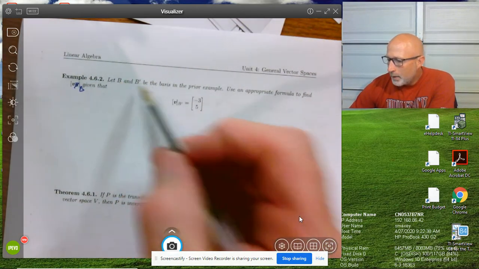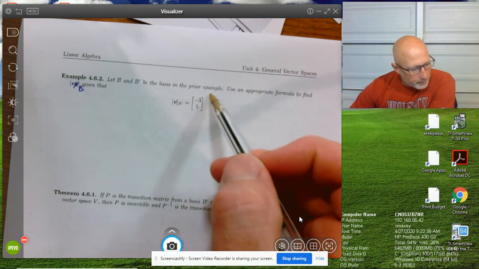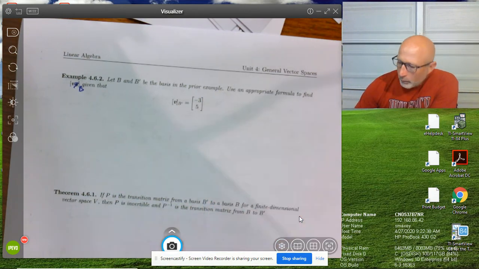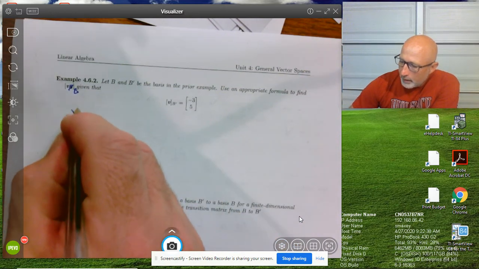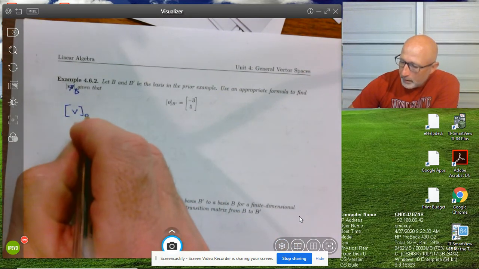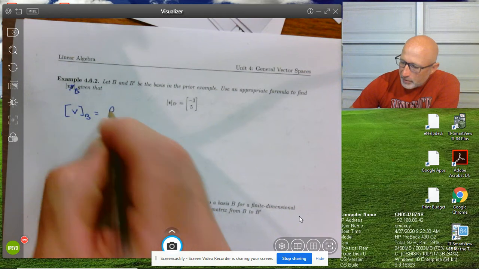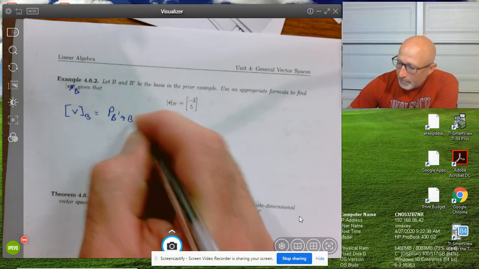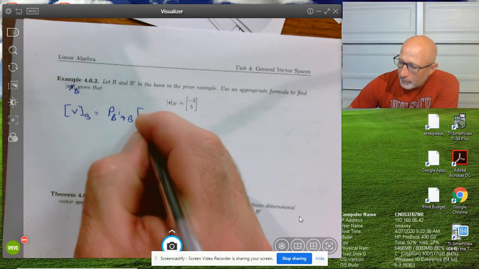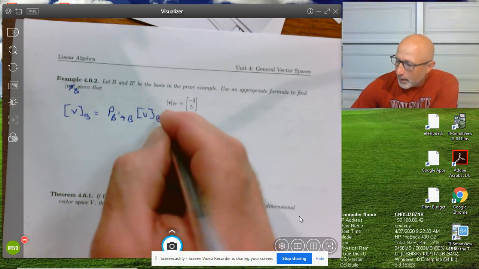So what I know from the definition before is that V under the basis B is going to be equal to that transition matrix that's going to take B prime onto B times the vector V under B prime.